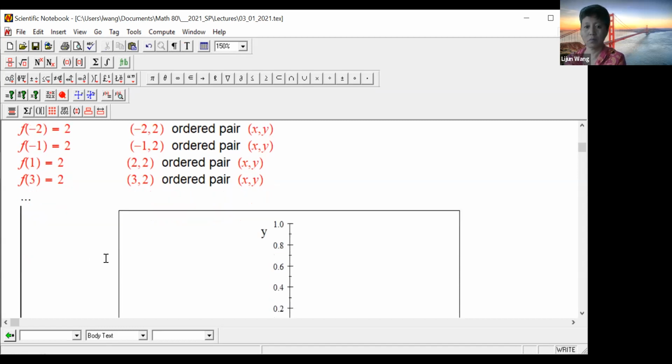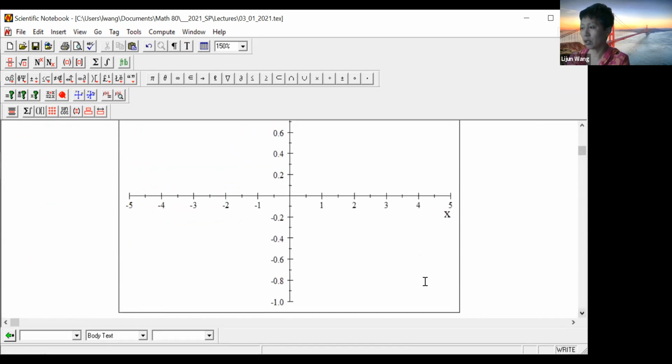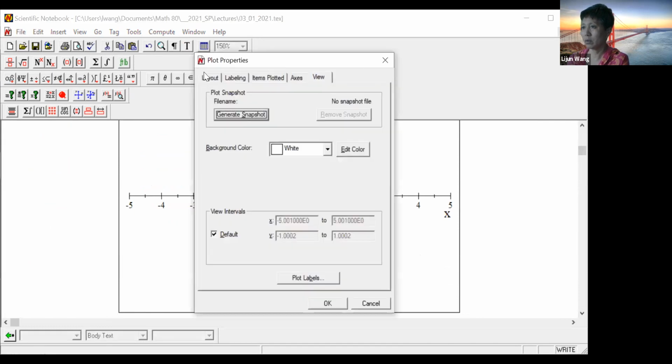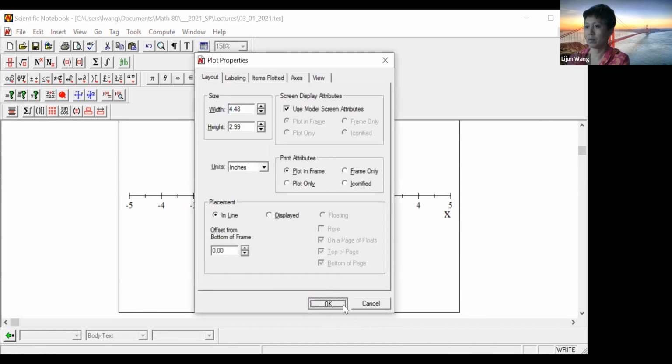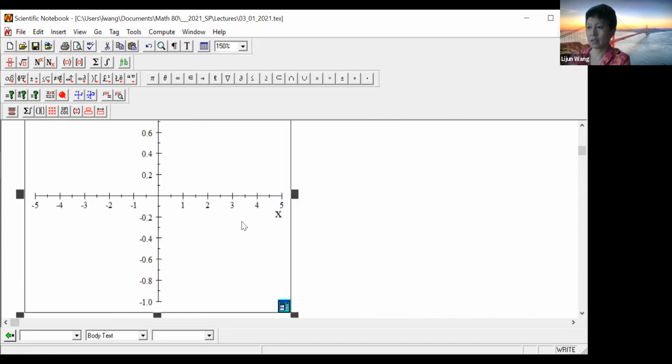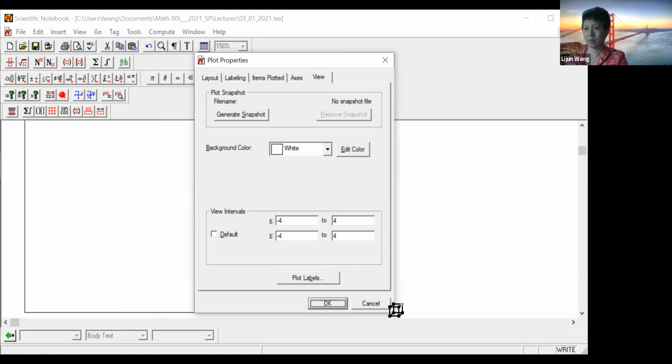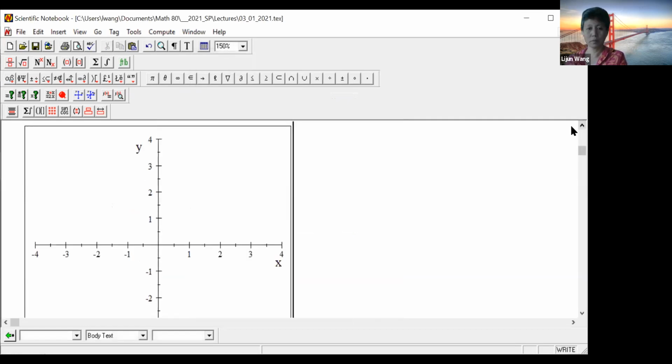Okay, you draw 2 number lines crossing each other, perpendicular to each other. This is the x-axis and the other one is the y-axis. And you set the scale, you put some tick marks.